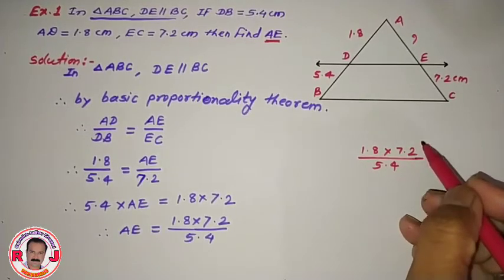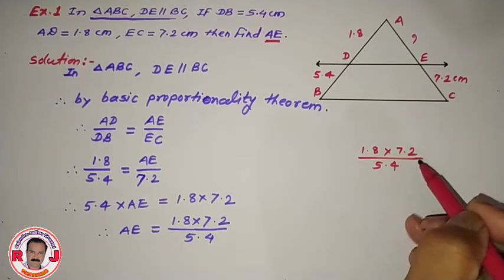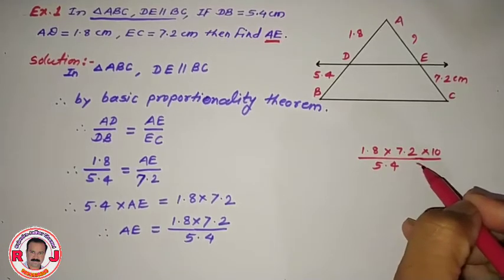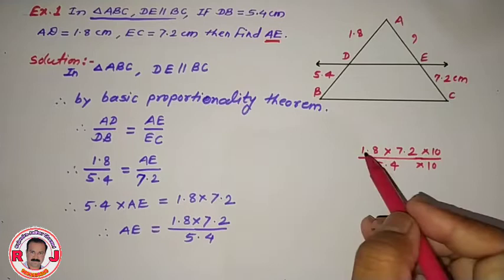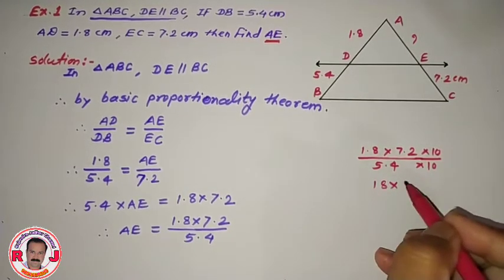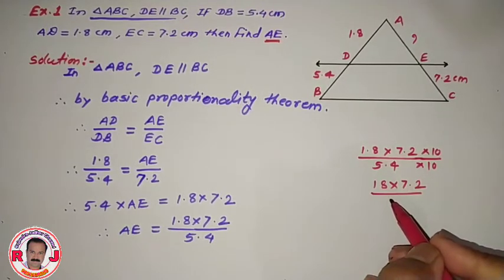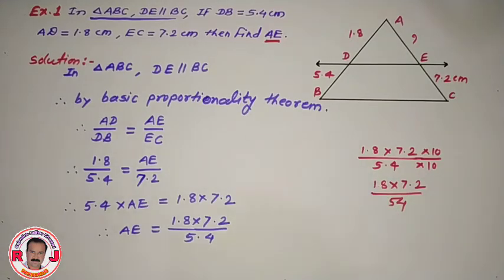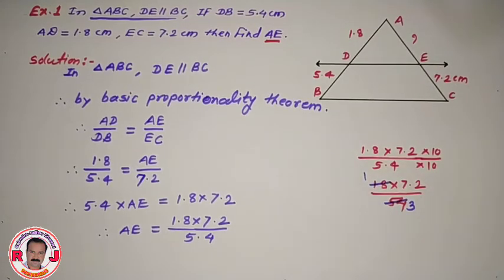To simplify this division, multiply numerator and denominator by 10. 1.8 into 10 is 18, into 7.5, and 5.4 into 10 is equal to 54. Then 18 and 54 divide by 18, 3 is 54.